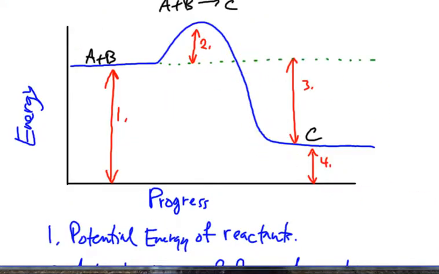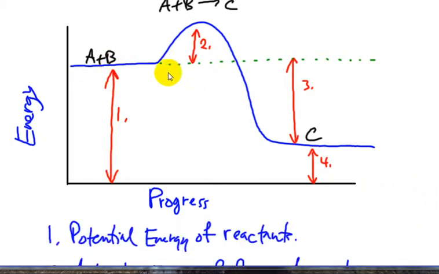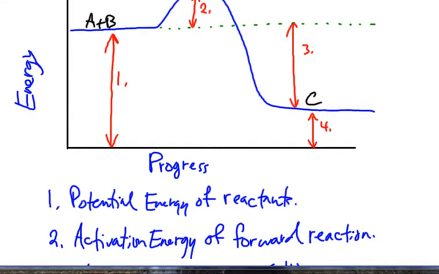Okay? Looking at this one, maybe I'll just pause the video and see if you can figure out what 1, 2, 3, and 4 are when we have reactants A and B coming together to form C. Okay, if you had a chance to do that, number 1, of course, represents the potential energy of the reactants. Number 2, the difference between where reactants are and activated complex, that's the activation energy of the forward reaction.